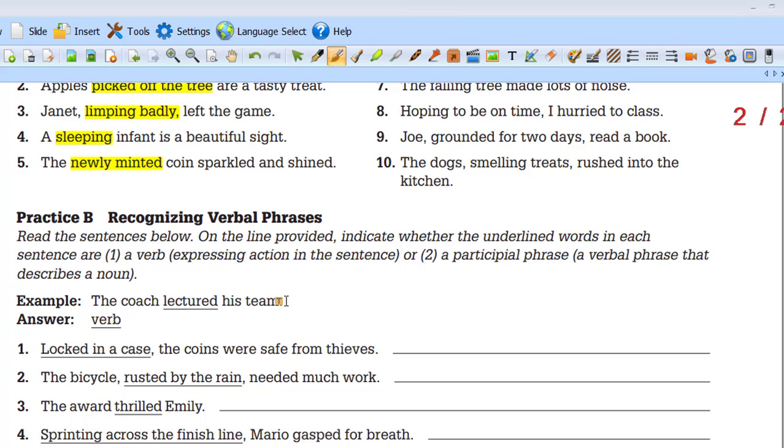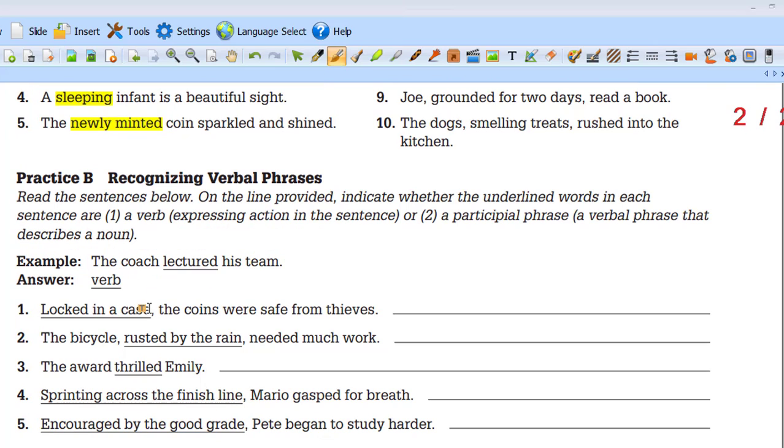Okay, you have to tell me, is it a verb or verbal? Number 1. Number 1 here is what? Looked in a case, it's a participial phrase. Okay. Number 2, participial phrase. Here we have the verb. Here we have the verb. Okay. So these are not verbs.